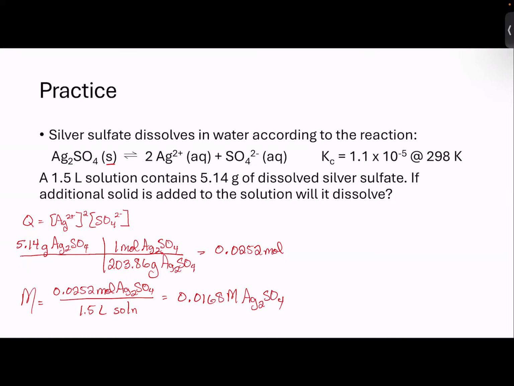Now, here is one of the first lessons that's going to go into what we're going to discuss in the next part of today. We're going to take this silver sulfate equation and look at this. What we know is that 0.0168 molar of silver sulfate dissolved.